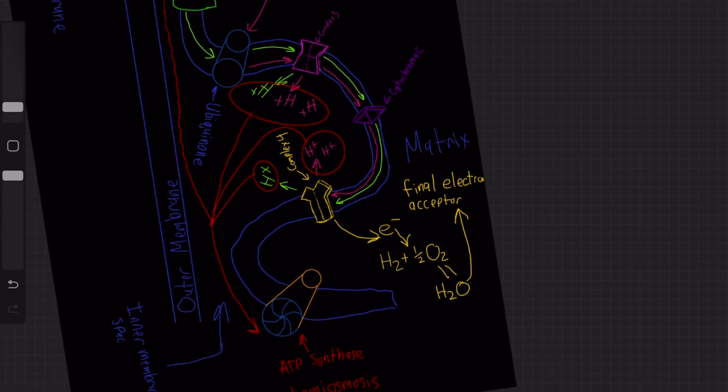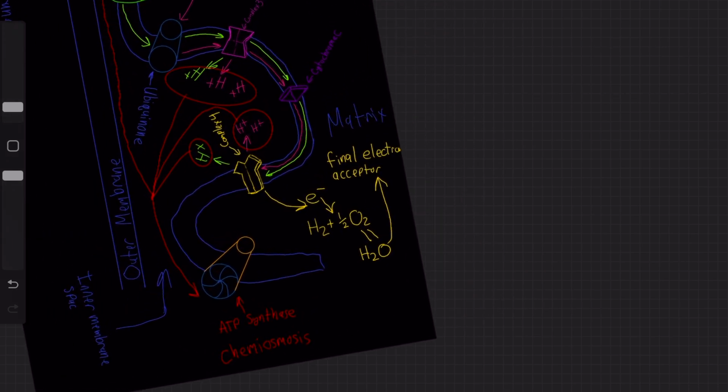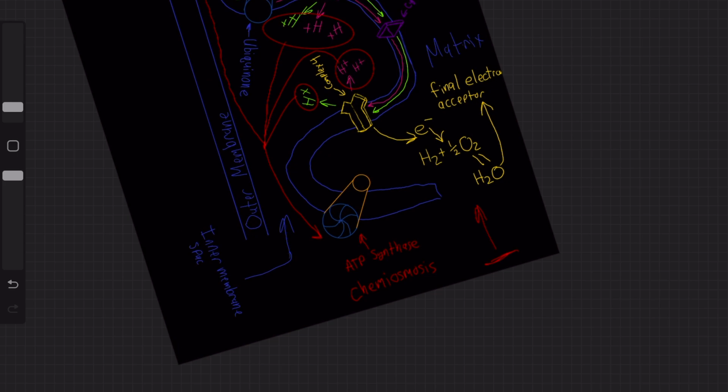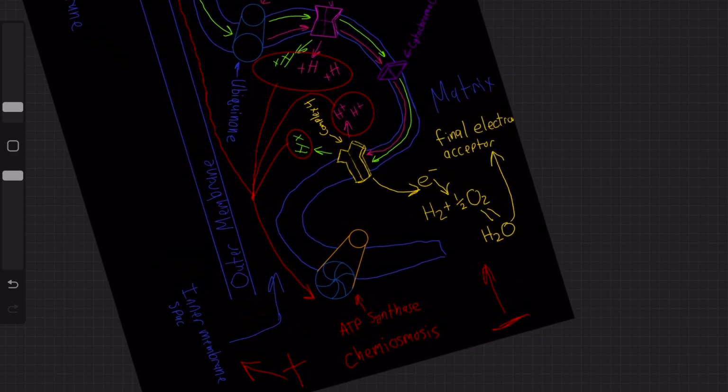which have created an electrochemical gradient. An electrochemical gradient means the inside of the matrix has a negative charge and the inner membrane space is positive. It creates a battery.